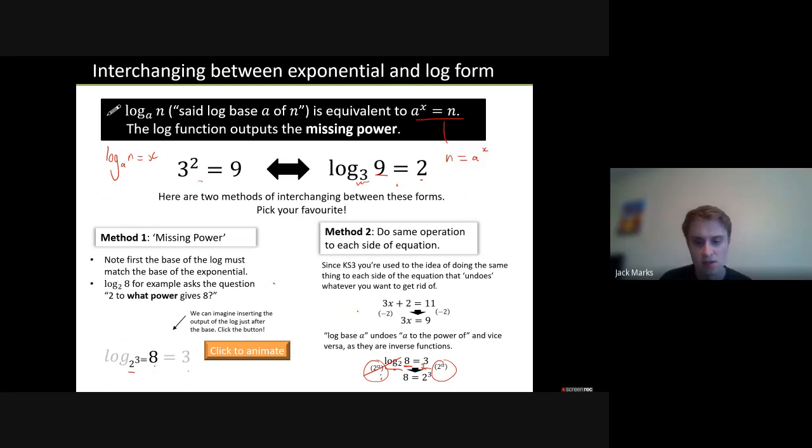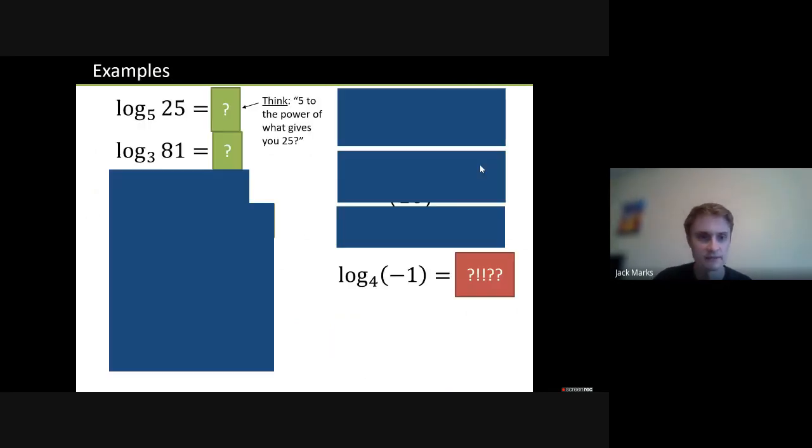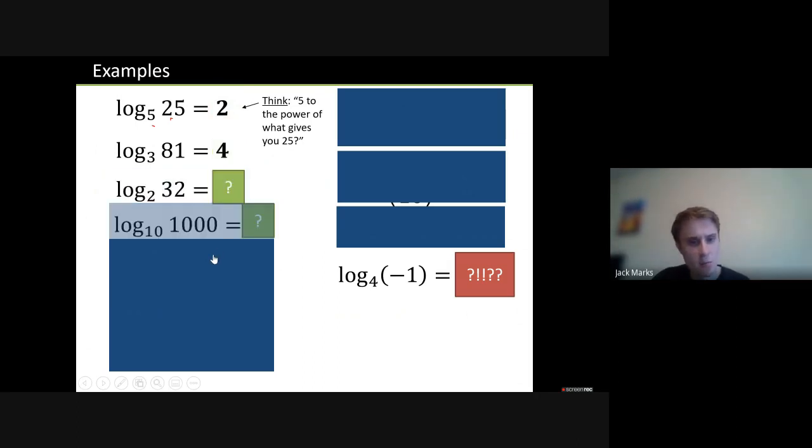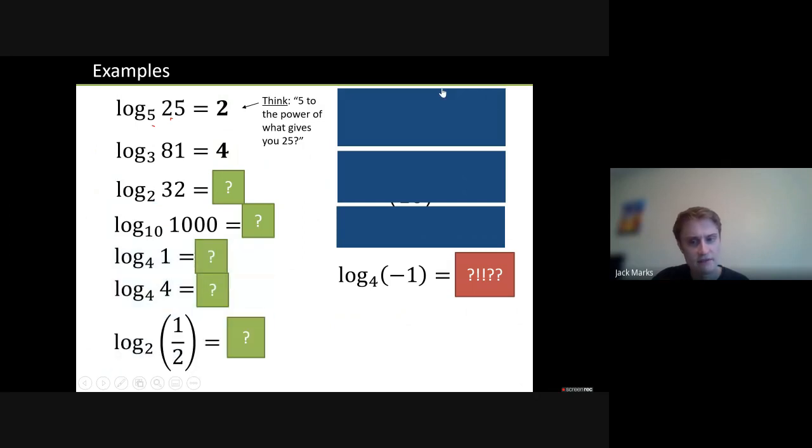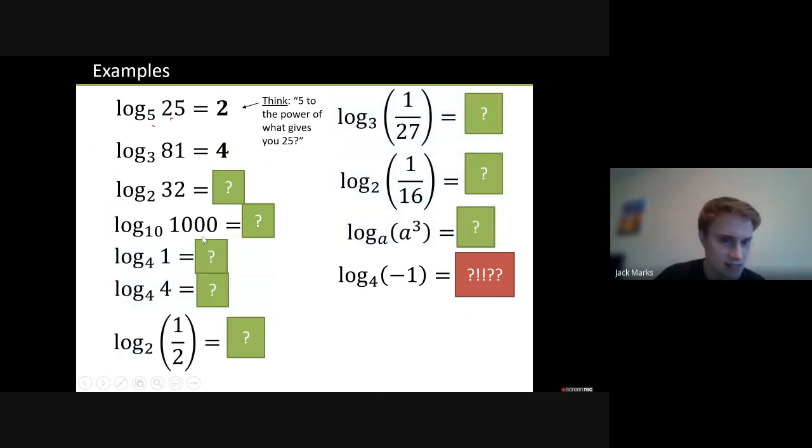So there's 1, 2, and if you use the log x, n a x way, I guess there's even 3 methods there to help you get started. So what power of 5 is 25? It's the second power. What power of 3 is 81? It's the fourth power. Pause the video and have a think about the rest of these here.